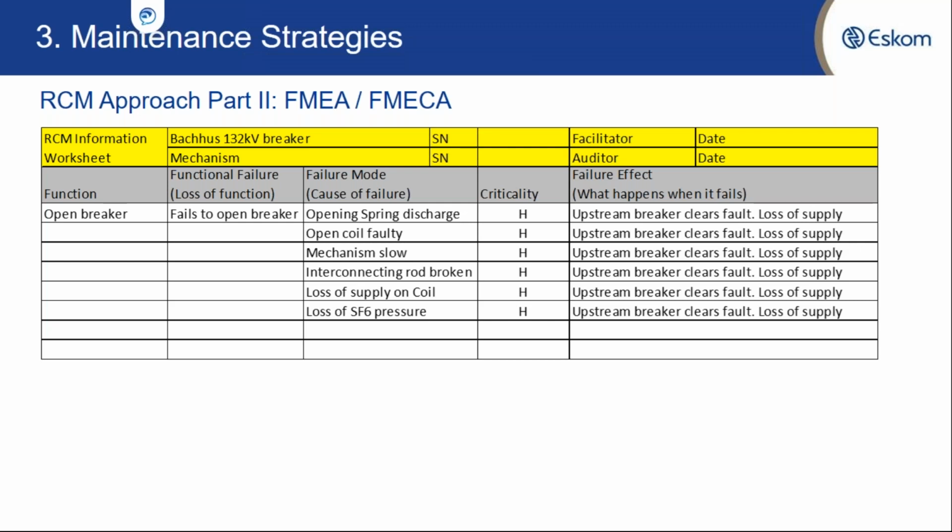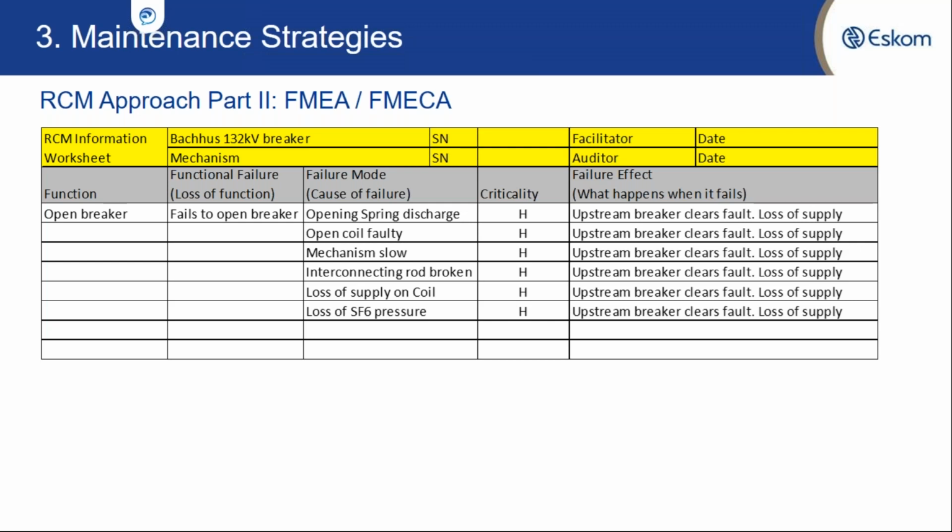The FMaker is the failure modes, effects, and criticality analysis. So in this step, we are scrutinizing failure patterns on each of the components that make up an asset. The example here is a breaker. For this breaker, the function of the breaker mechanism is to open a breaker. Then the functional failure can be that it fails to open the breaker.